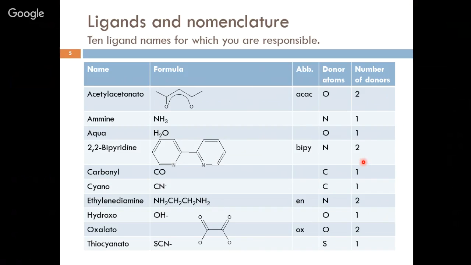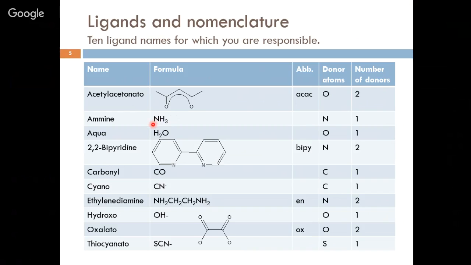There is also a table in your book, but there are 10 ligands that you are responsible for knowing the names of. ACAC, so acetylacetonato is the name of the ligand, or we call it ACAC. You need to know that one. It binds through oxygen, and it has two donors, or it is a bidentate ligand.